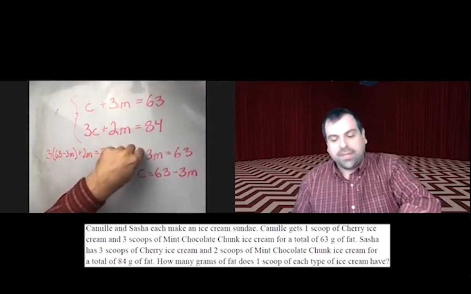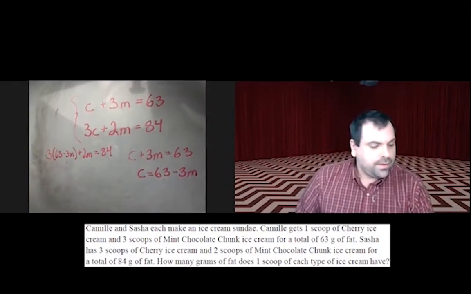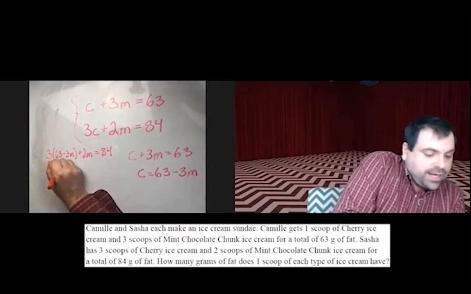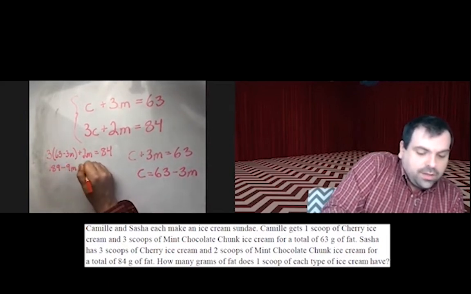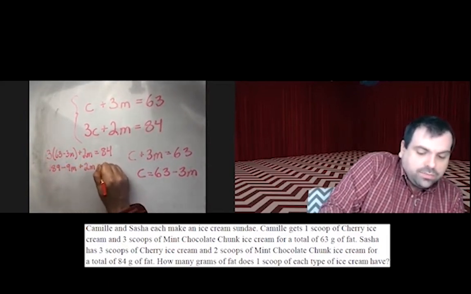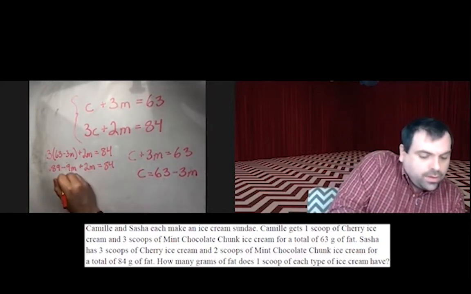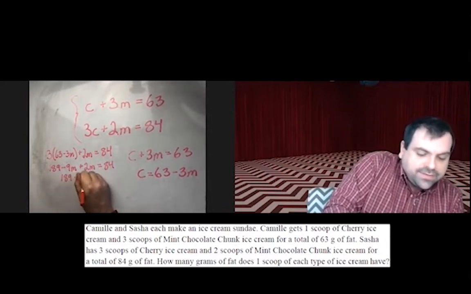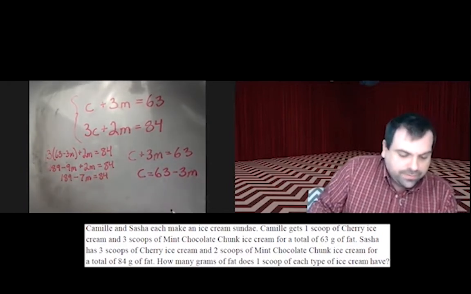And we got that by solving the first one for C. 3 times 63, that's 189 minus 9m plus 2m equals 84. 189 -9 plus 2 is -7m equals 84.